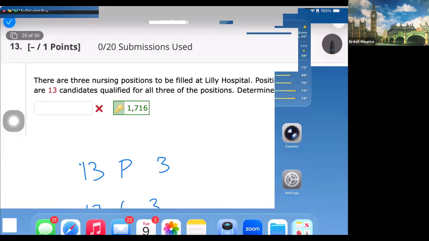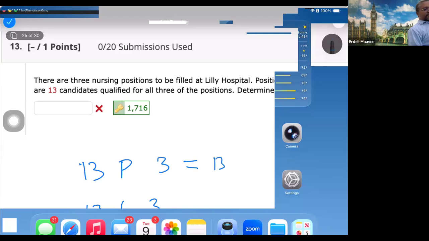Which one is it? I have 2 people saying it's a permutation. Anybody else want to jump in? Agree or disagree? It is going to be this one right here, because the order matters. If you get selected for the coordinator, you get paid more than the other 2. So the order matters. Go ahead, type 13P3 for me, please.